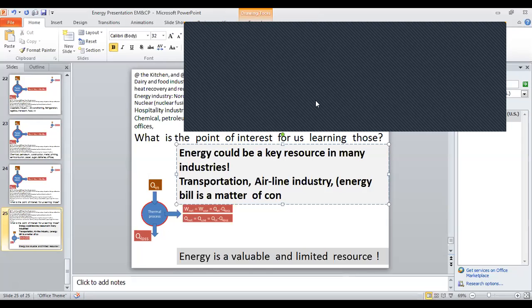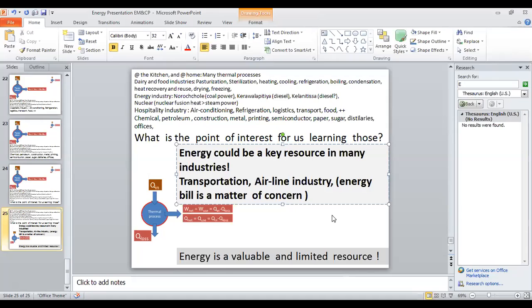Energy bill is a matter of concern. Dairy industries. Energy is an issue in the dairy industry. So I can put dairy here maybe.